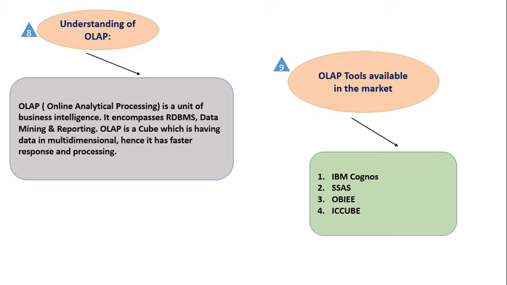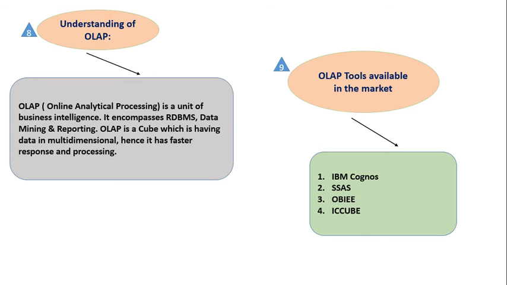Okay, now we can see the understanding of OLAP. So OLAP is online analytical processing. It is a unit of business intelligence. It encompasses RDBMS, data mining and reporting. OLAP is a cube which has data in multidimensional form. Cube means multidimensional. I mean, it is not 2D, two-dimensional. Hence, it is faster.